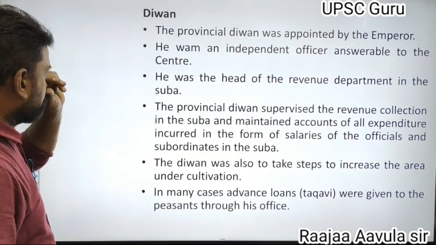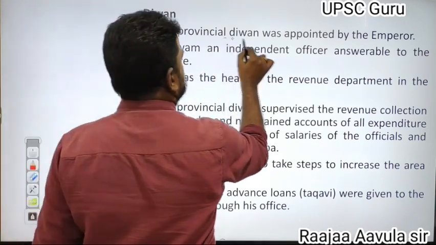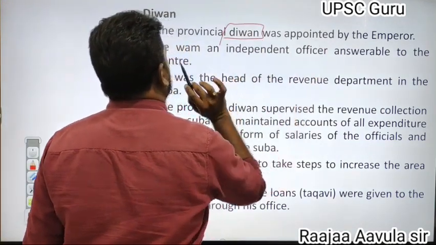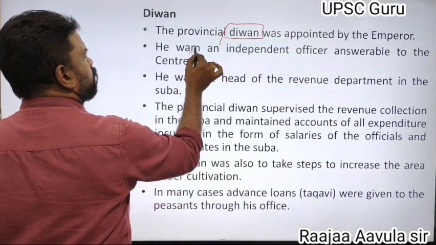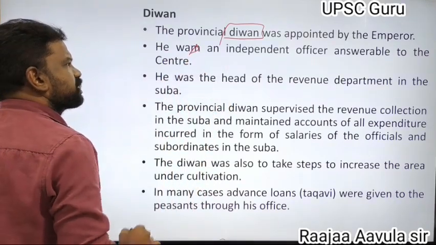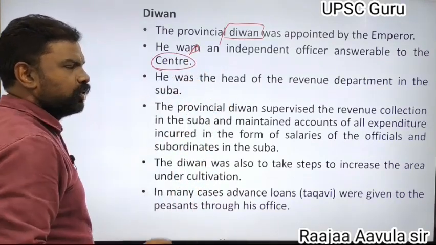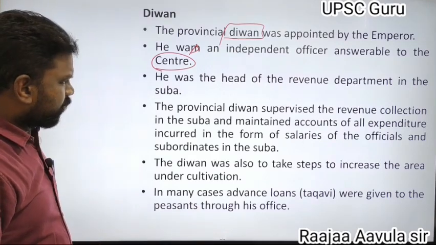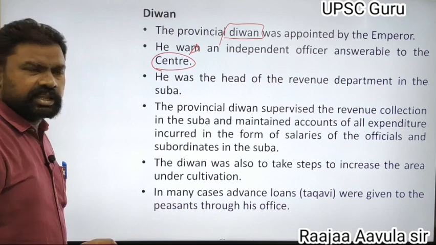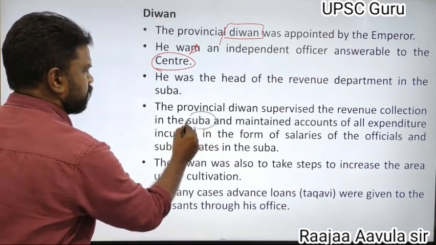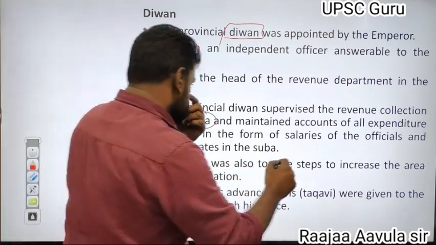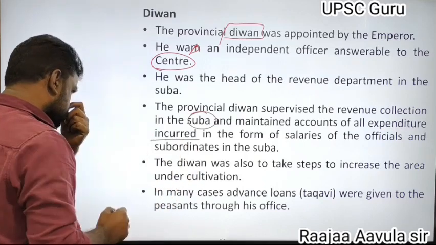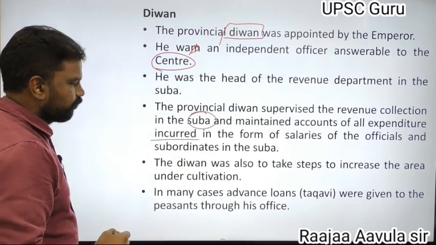Diwan. The provincial Diwan was appointed by the governor. He was an independent officer answerable to the center only. He was the head of the revenue department. The provincial Diwan supervised the revenue collection of the Suba and maintained the accounts of expenditure incurred in the form of salaries.